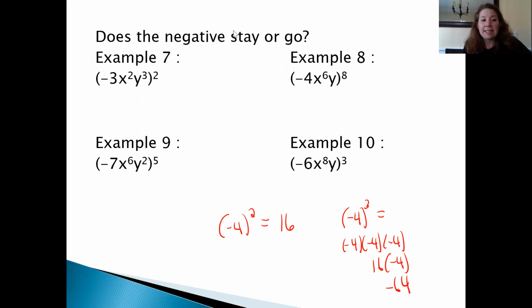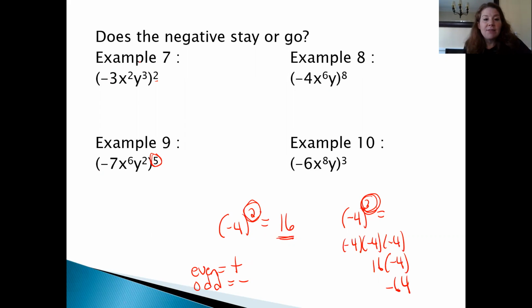So the rule is if your exponent that you are raising your negative number to is even, your answer is positive. Even means positive. If that exponent that you're raising that negative to is odd, like 3 is odd, you're going to end up with a negative coefficient in the front.